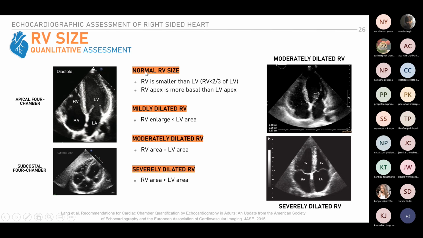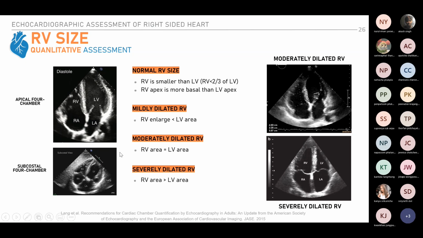Normal size is defined as RV area smaller than LV area, less than two-thirds of the LV. Mildly dilated RV is defined as RV size becoming larger, but still less than LV size.